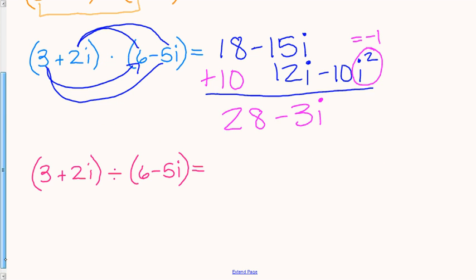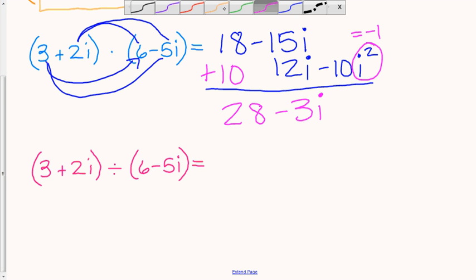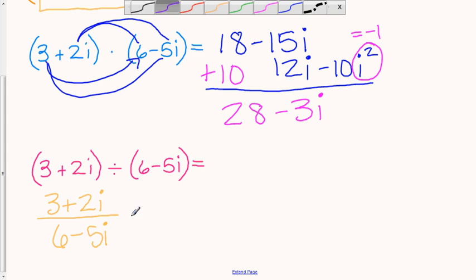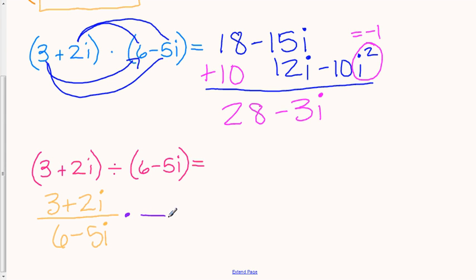And finally, when you divide, first you should write it as a fraction. And then because you have an i in your denominator, you need to multiply by the conjugate, which is the first term of the denominator staying the same and the second term of the denominator going to its opposite.